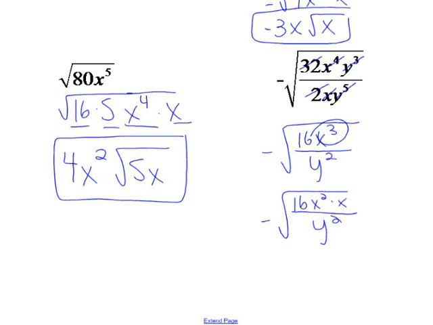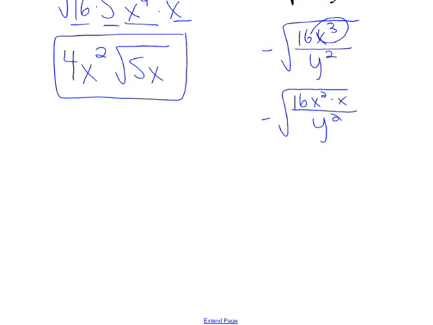When you take a square root of a denominator, it works exactly the same way, but when you pull it out, remember that it's still a denominator to a fraction. So we have negative, the square root of 16 is 4, the square root of x squared is x, over the square root of y squared is y, and then times the square root of x, because that was on top.